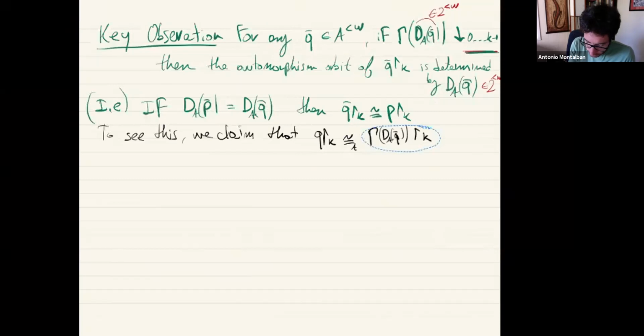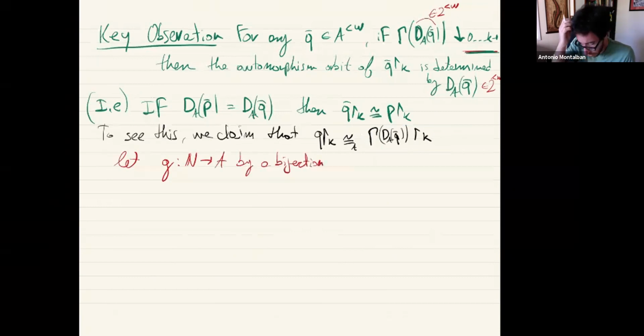To see this, suppose we define G from N to A, a bijection.